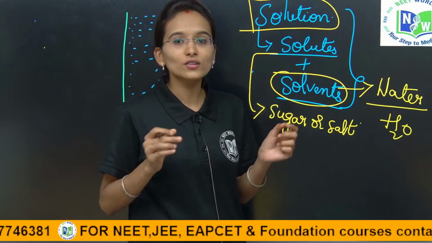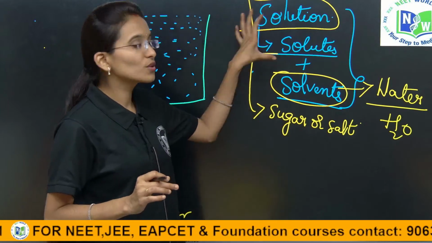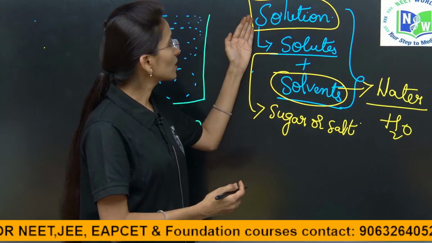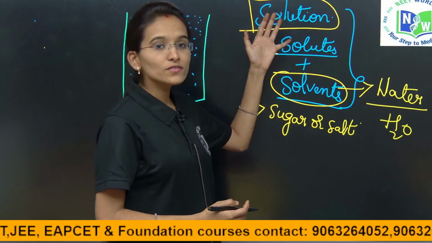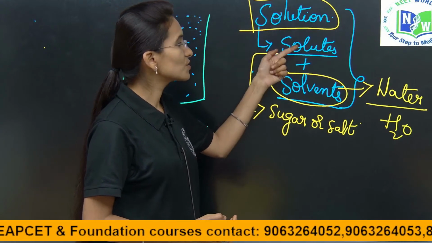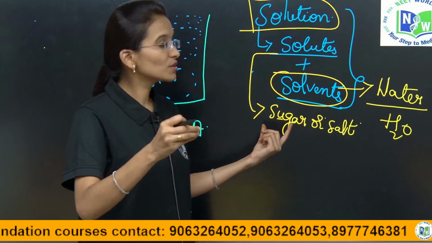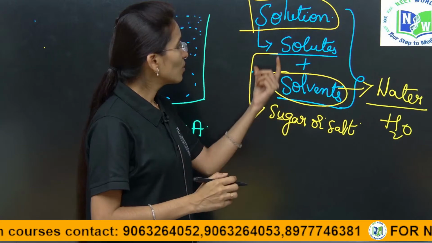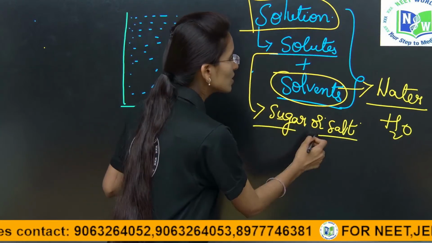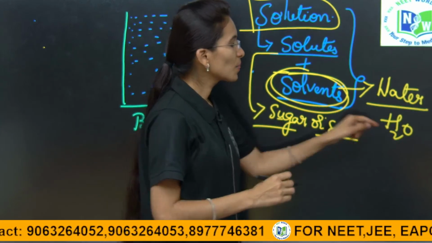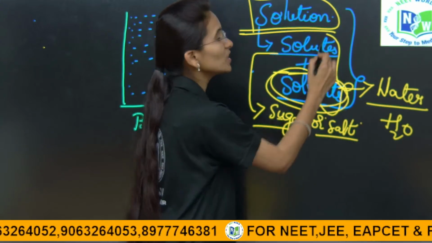Before learning about those three cases, first we discuss these terms. A solution is made up of solutes and solvents. Solutes are the substances which we dissolve in the solvent. The solutes may be either sugar or salt. The solvent will be water. Both together form the solution.